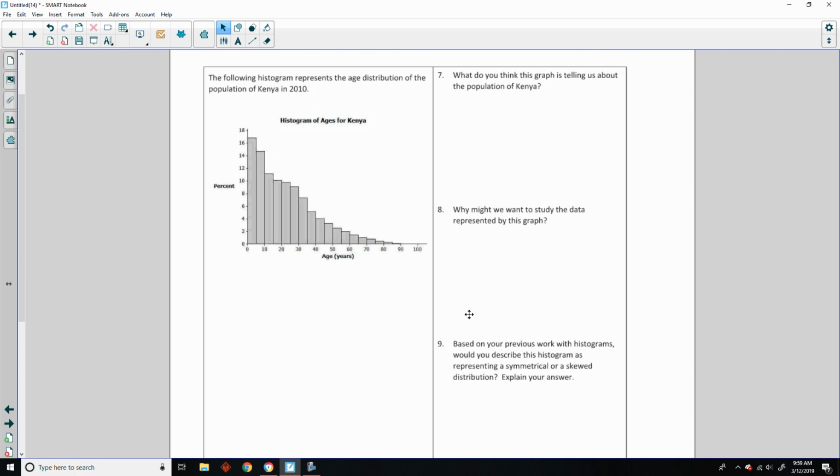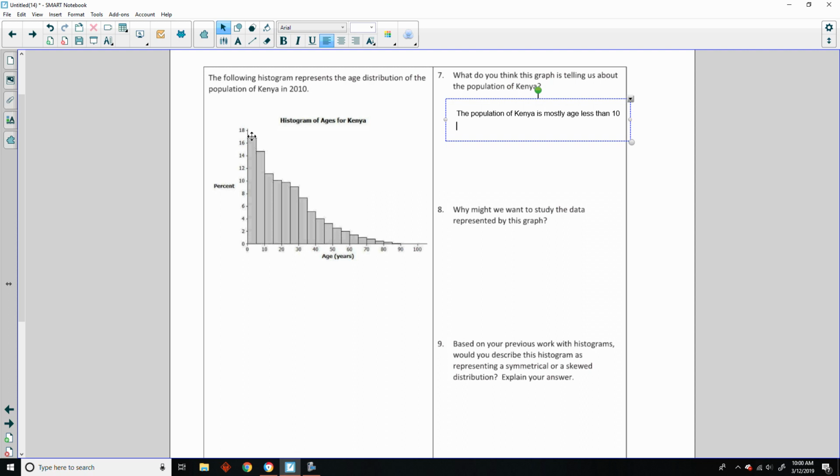The following histogram represents the age distribution of the population of Kenya in 2010. What would you think this graph is telling us about the population of Kenya? I would say the population of Kenya is mostly age less than 10.